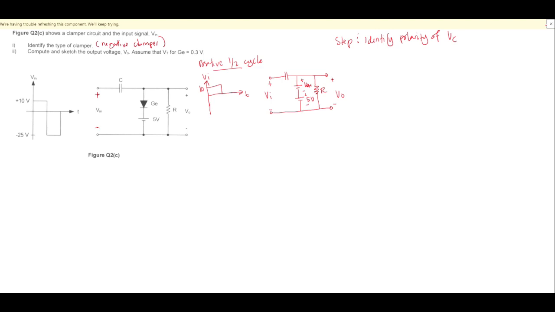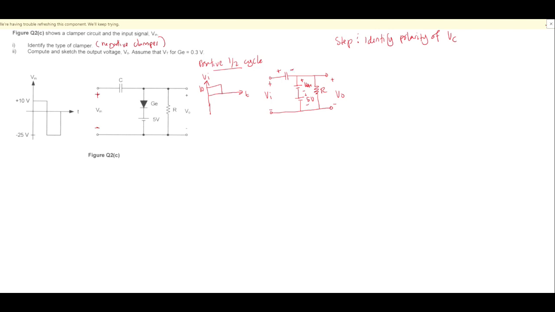Basically for the negative clamper circuit, for the VC polarity you must put positive polarity at the left side and negative polarity at the right side.